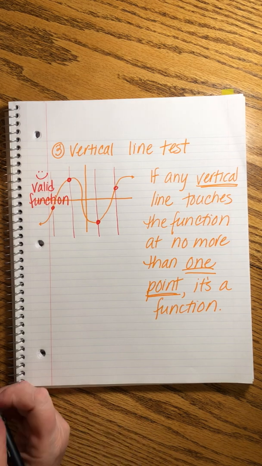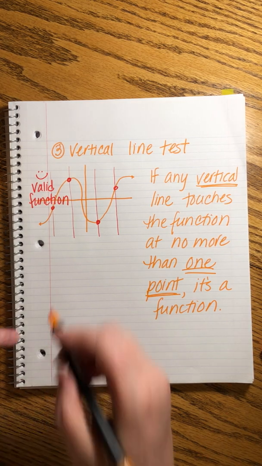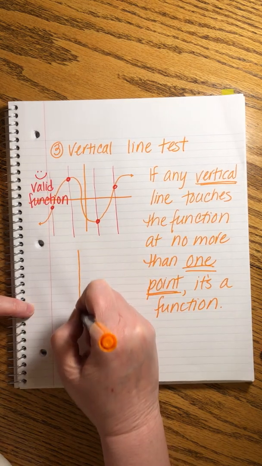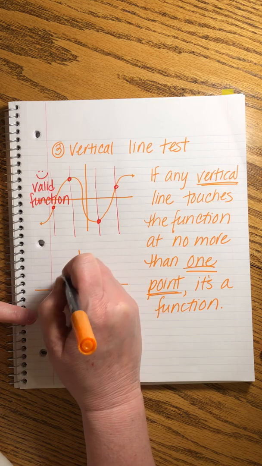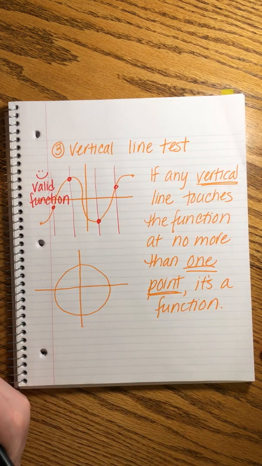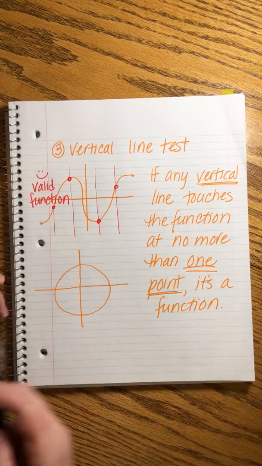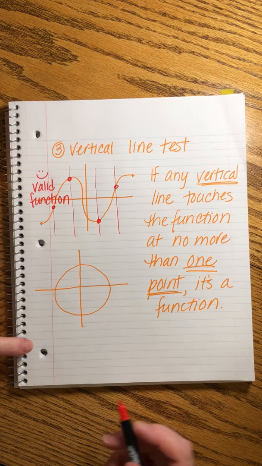Okay, let's try another one. This one is another thing that we'll learn to graph later on, but you already know it. It is a circle. Okay, so now we practice our vertical line test. We just start drawing some vertical lines.